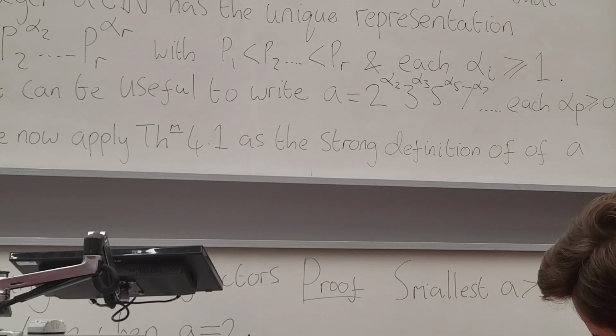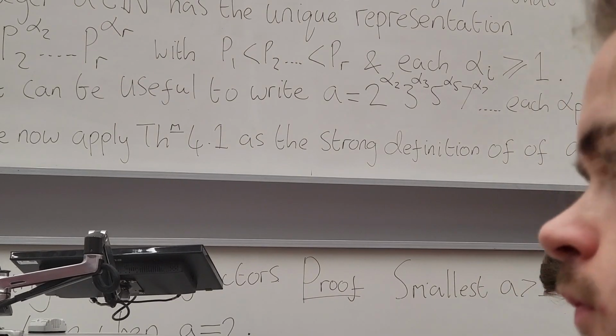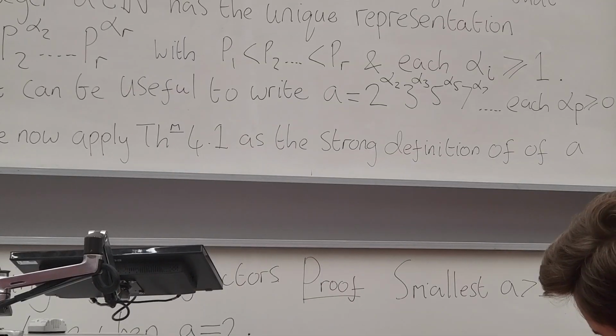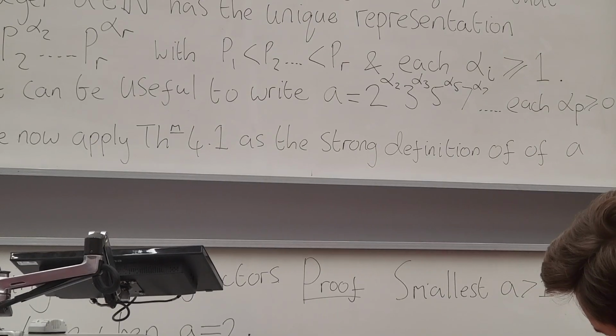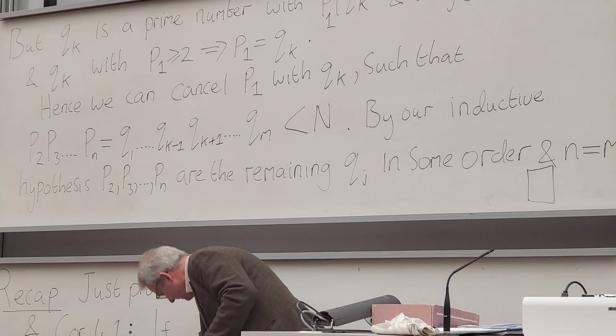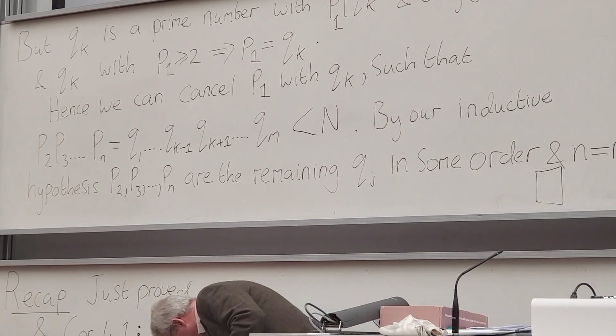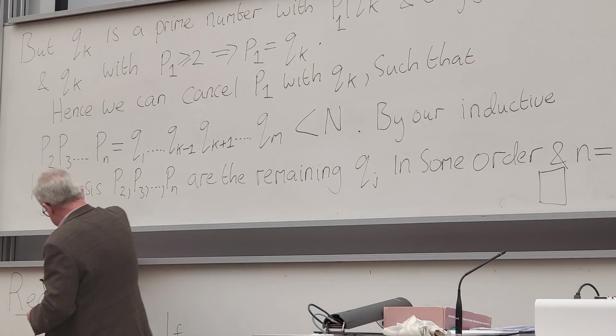So you've probably come across in algebra and analysis the idea of irreducible polynomials. Anyone? Yes. So you think of a polynomial as being irreducible if you can't factor it in any way.